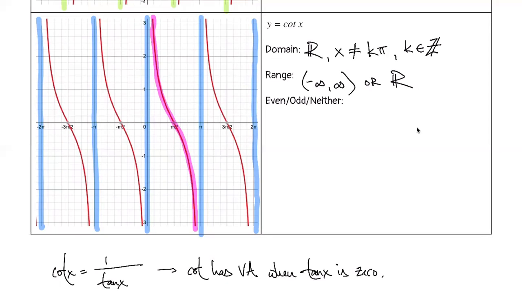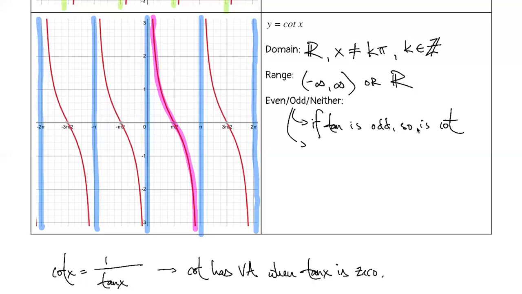And now our last piece here, determining whether this is even, odd, or neither. Well, I don't think it's even, because when I reflect them over the center, the y-axis, those pieces are not the same, okay? And we might even know that if tangent is odd, so is cotangent, right?